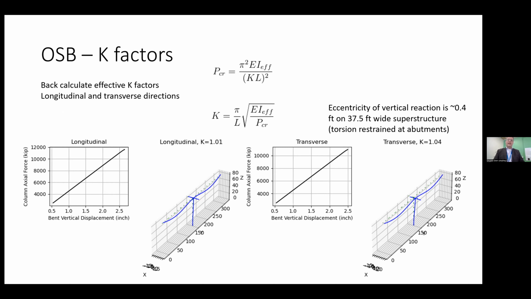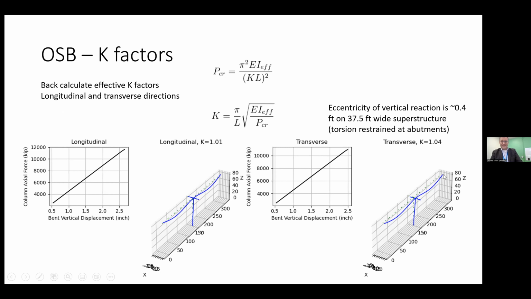Okay, and this came up in our TAC meeting a week or two ago. For the transverse direction, as the superstructure moves laterally or transversely, are we getting overturning of the abutment?